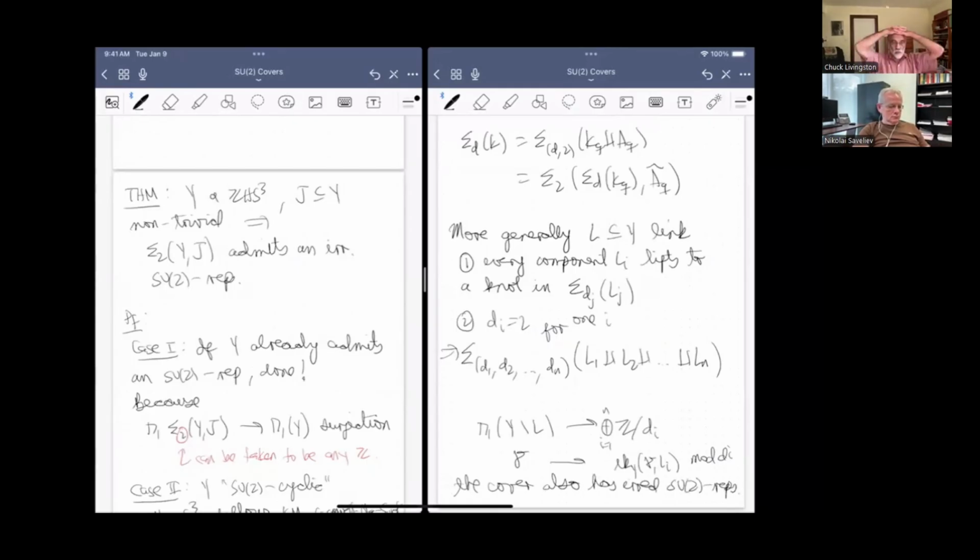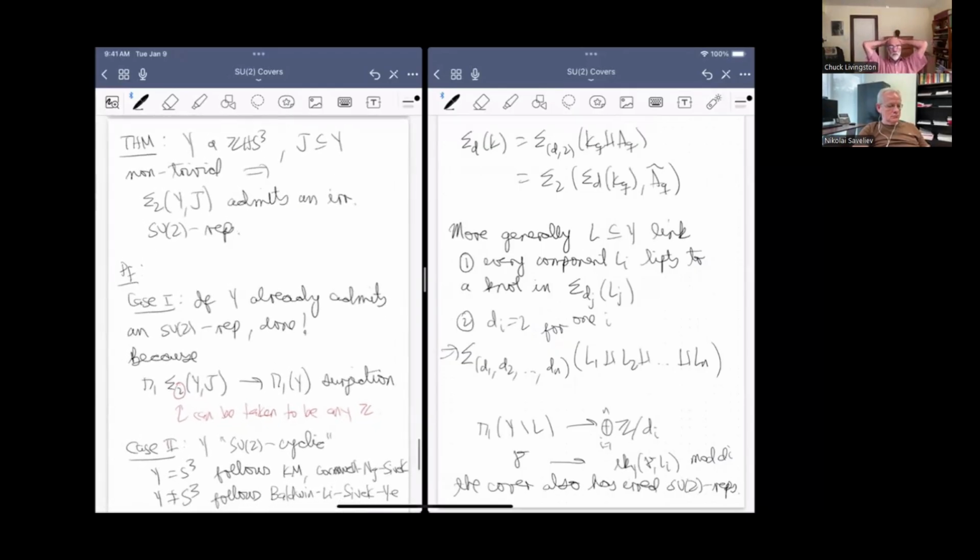So even though this is not the way we presented it in the paper, the proof can be adjusted to show this more generally.